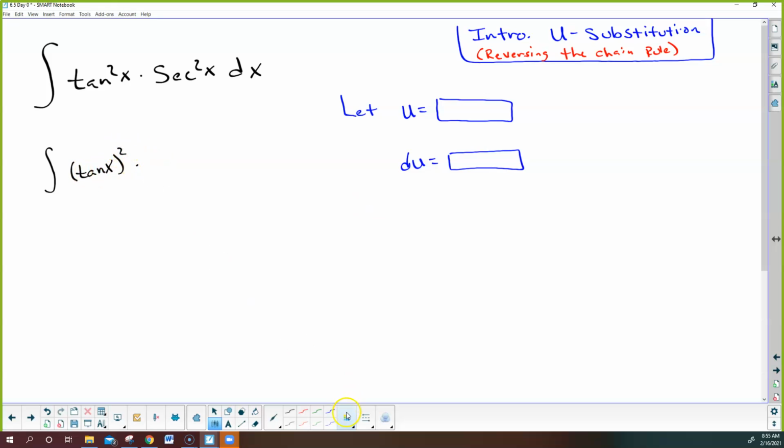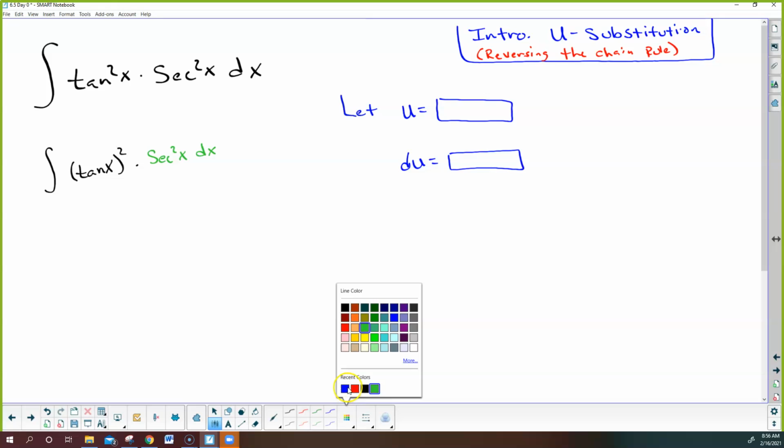And then you'll see why in a second, but I'm going to rewrite secant squared as a separate color. And then the dx is a separate color. So watch what happens. I want to make this easier to deal with because right now we don't know this. This isn't a rule that we know. So I can't actually apply any integration method that I know.